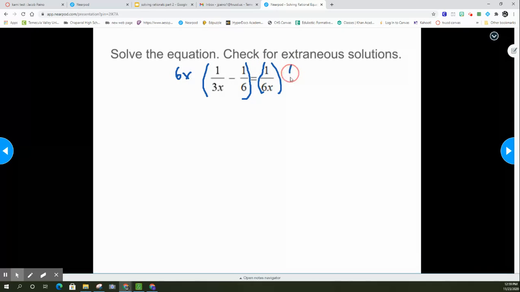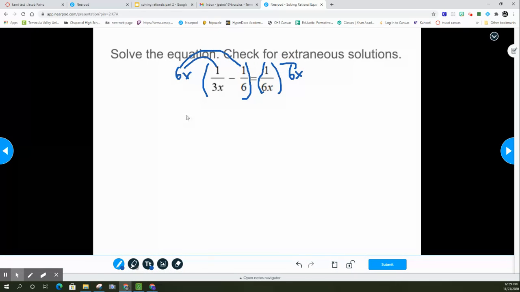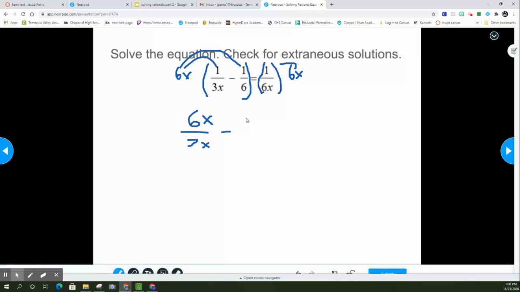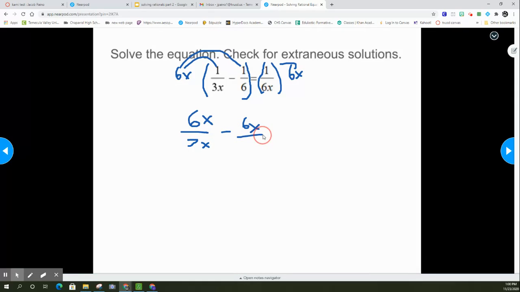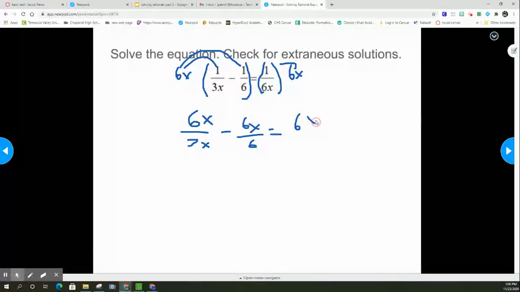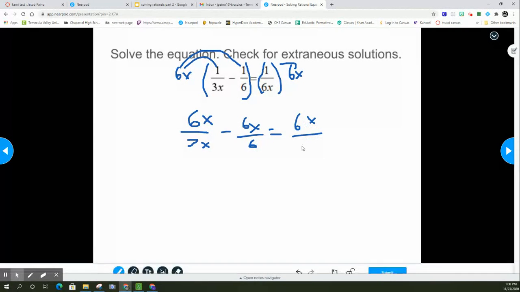All right, what this means is I've got to distribute it on this side. And so I'm going to end up with 6x over 3x minus 6x over 6 equals 6x over 6x.